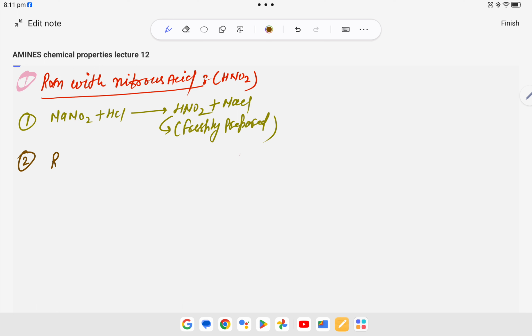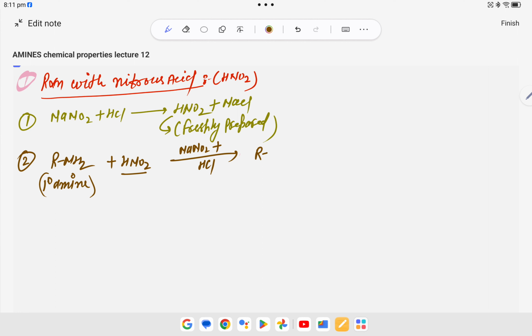In that case RNH2, that is our 1 degree amine, children, reacting with HNO2. Above the arrow you have to write NaNO2 plus HCl, because we need freshly prepared HNO2.